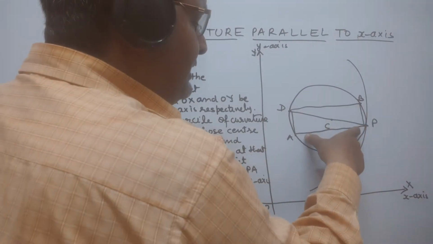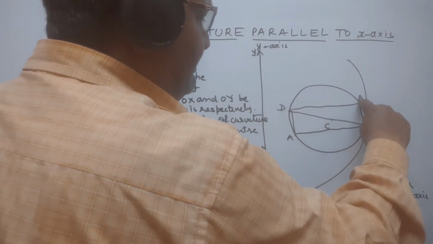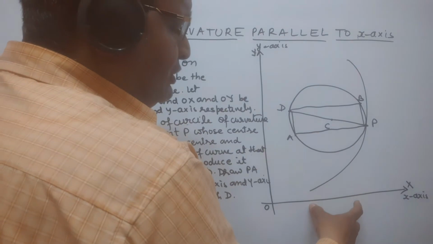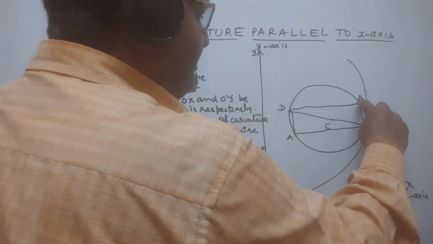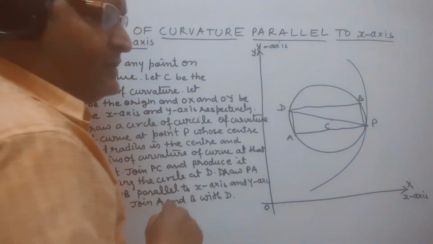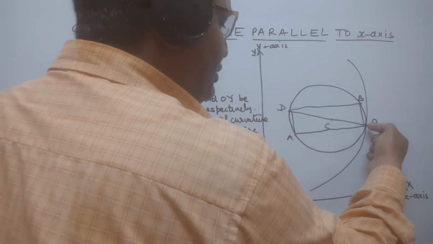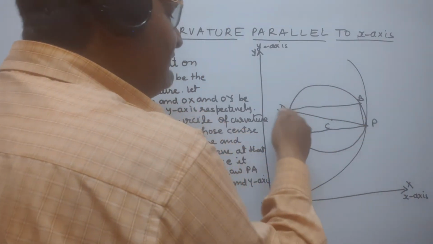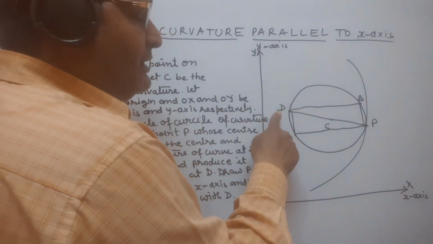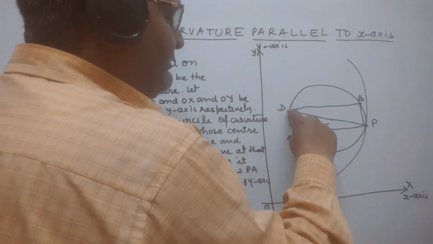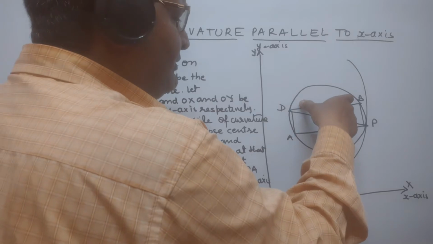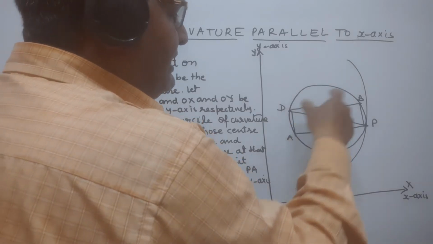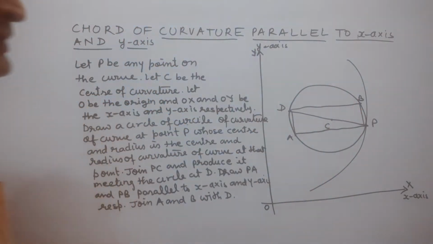Now we draw PA and PB. Here PA is parallel to x-axis and PB is parallel to y-axis. Now we produce PC to D meeting the circle of curvature at D point. Join A with D and B with D, that is join AD and BD.